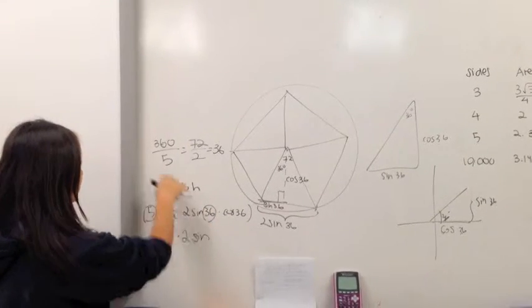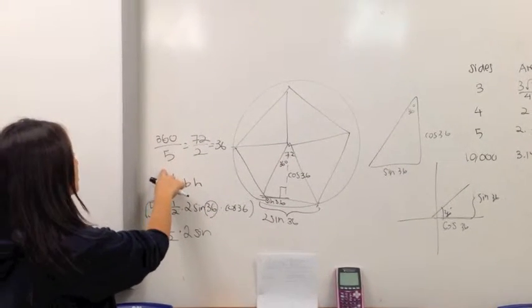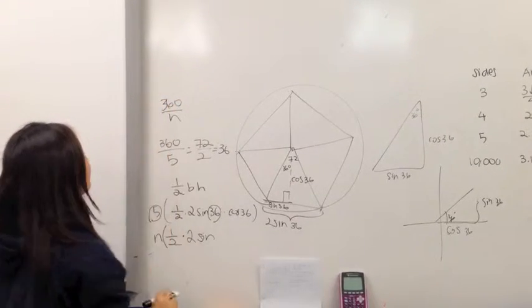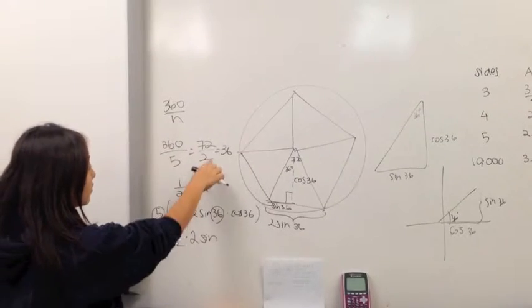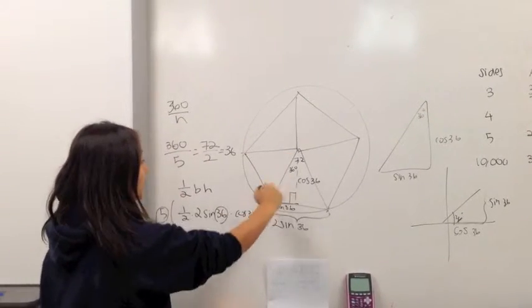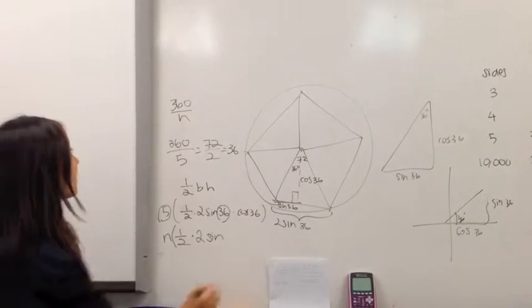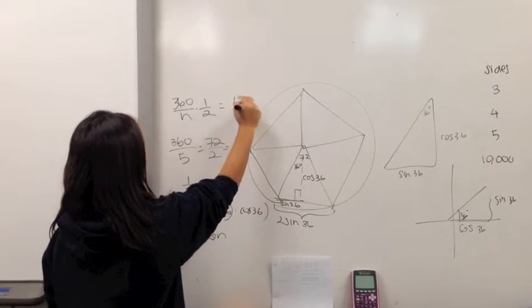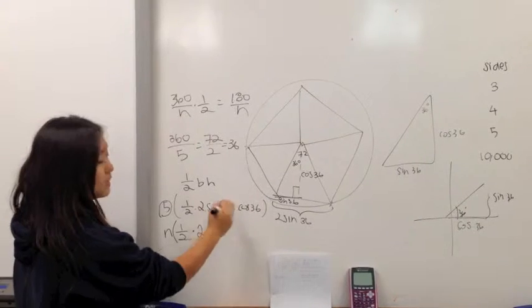And to find this angle, as you can see, we did 360 divided by the number of sides, so that's 360 divided by n. But we also divided it in half again because of this right triangle that we made. That means we can multiply this by 1/2 and get 180 over n, which equals theta, which is this angle.